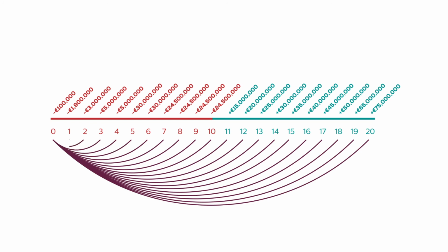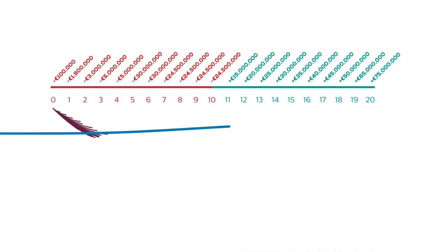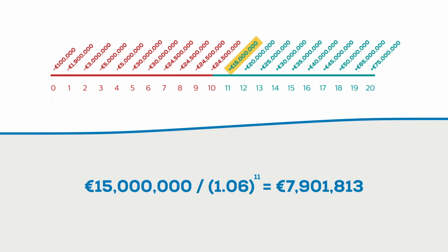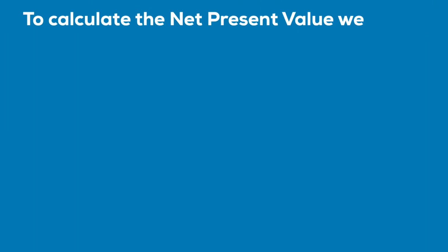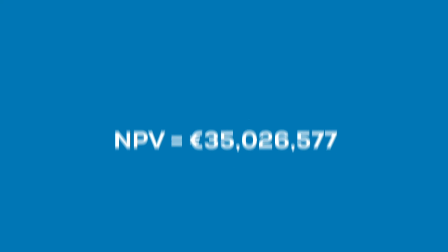But we do want to discount all other cash flows. For instance, the present value of the cash flow at year 11 is €7,901,813. To calculate the net present value, we'll have to sum up the present values of each year. The NPV is positive, so you may decide to initiate the project.